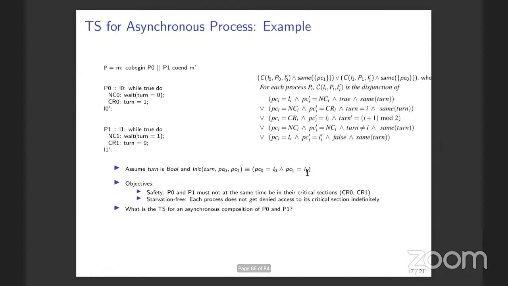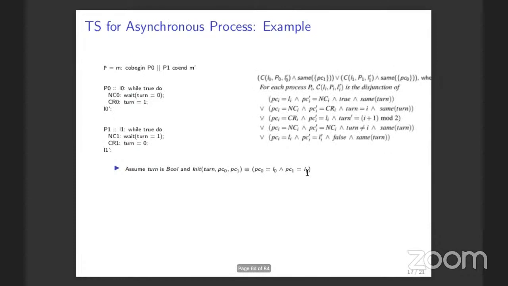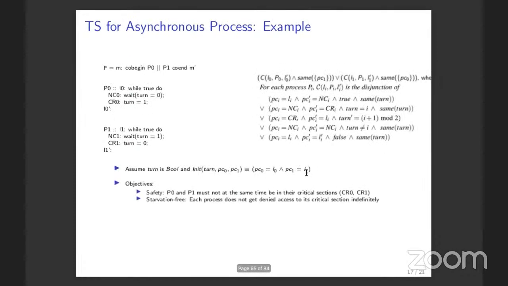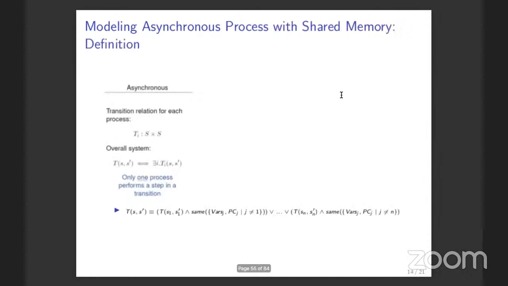Yeah, this we have already seen. So my combined transition system will be defined as per this one. This is the transition relation that I've shown here, which exactly corresponds to this one here.